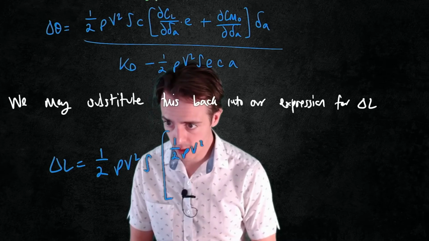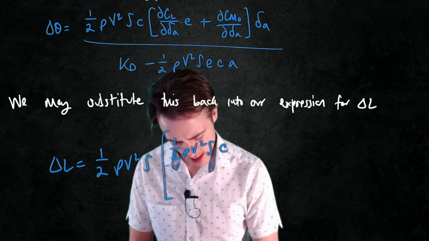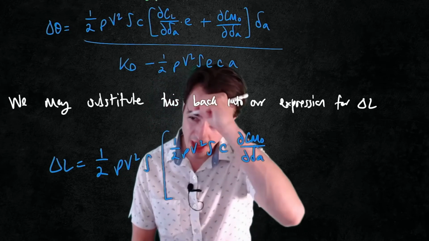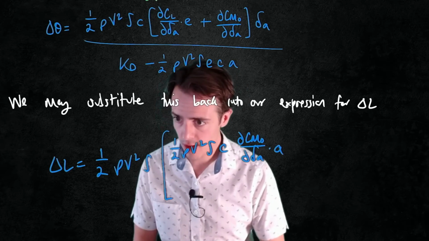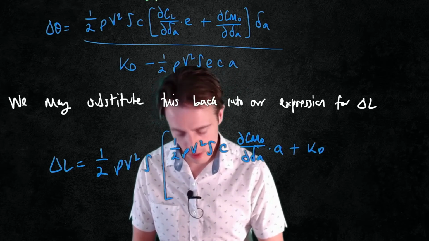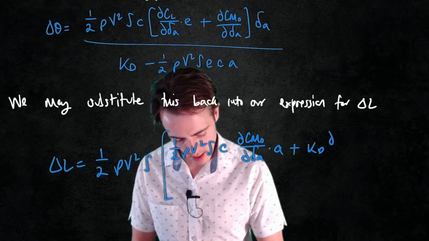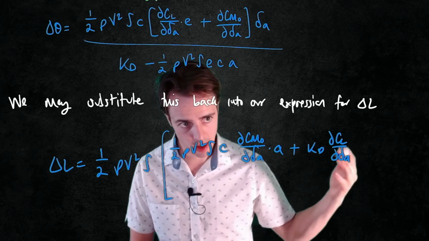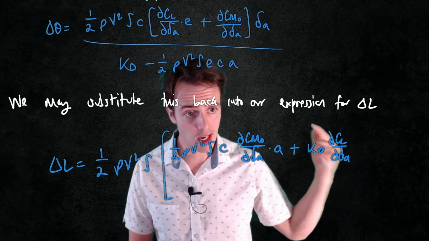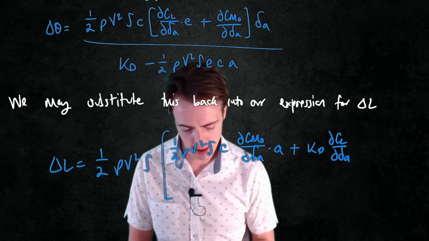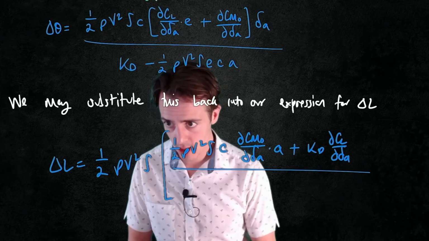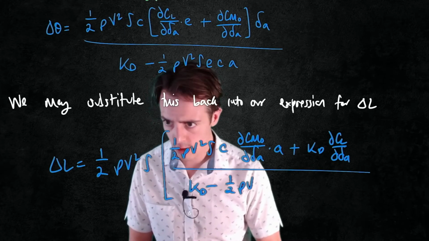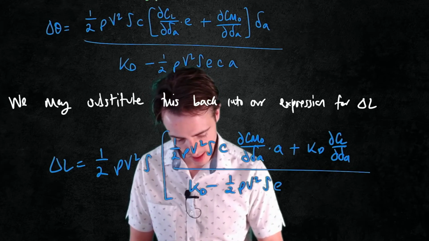Half rho v squared s c dCm naught on d delta A multiplied by the lift curve slope plus the torsional stiffness multiplied by dCl on d delta A, so the rate of change of the lift coefficient of the two-dimensional section with the aileron deflection, divided by KD, minus a half rho v squared S ECA.